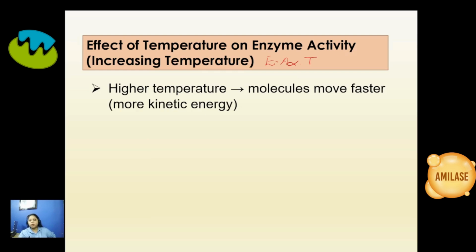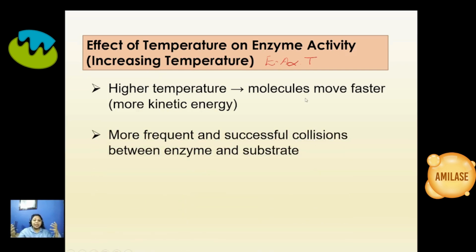When the temperature is increased, it's a directly proportional relationship, so the kinetic energy also increases. If the kinetic energy increases, that means the molecules are going to move faster, and if they move faster, there are more chances of effective collision.